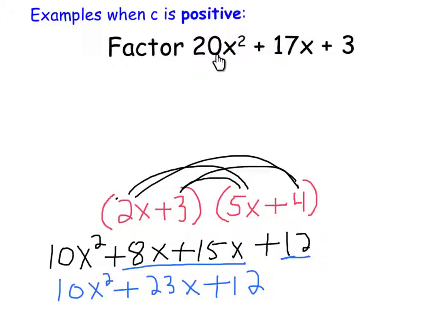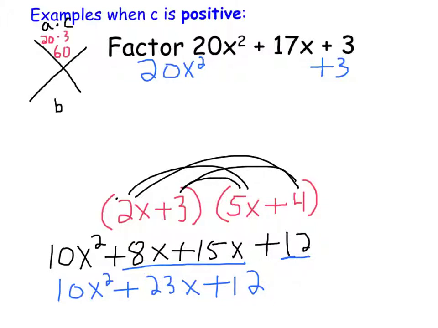So what we're going to do is take the 20x squared and write it down. And we're going to take the 3 and write it down. But more importantly, we're going to take the 17x and break it into two numbers that add up to 17x, just like 8x plus 15x added up to 23.